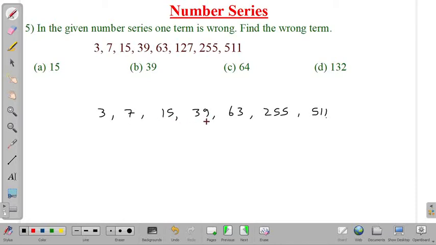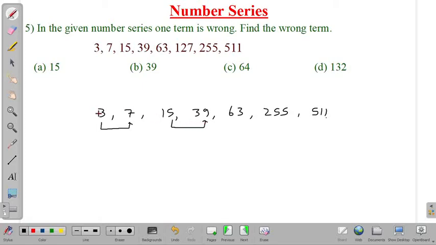So this series must be of product type. What is the difference between these two? It is plus 4. Then the next difference is 7 plus 8, 15, and then 15 plus 14, 39. So difference will not be applicable here.